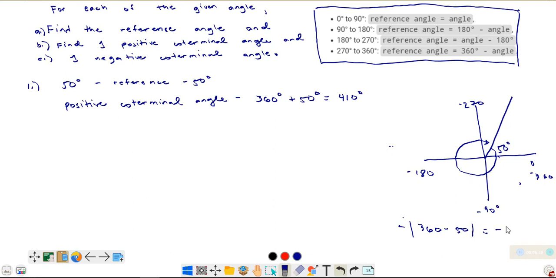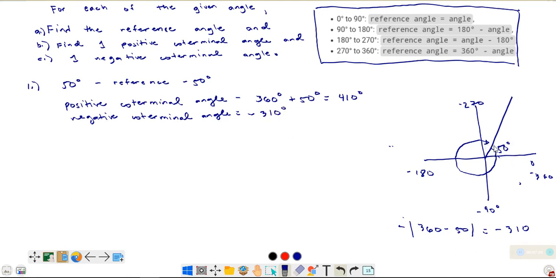You will end up with negative 310. So, you have here negative coterminal. I think this is the easiest one. So, negative 360 minus yung reference angle. You will end up with negative 310 degrees.